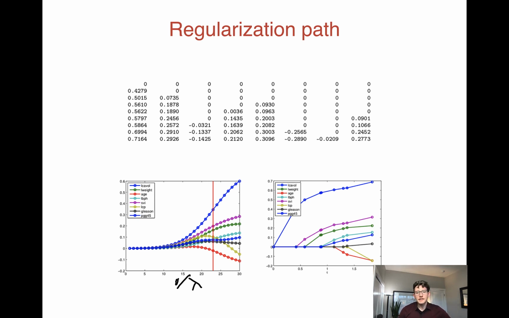Now, let's contrast that to the L1 regularization case. Again, we have 1 over lambda on the horizontal axis, and again, we have large weights on the right side, low weights on the left side. Now, something interesting happens here.